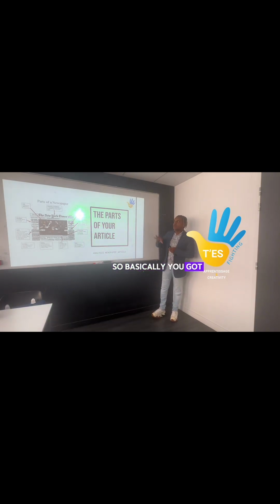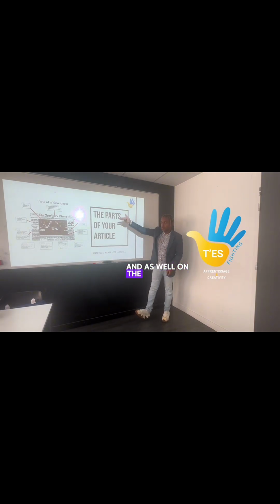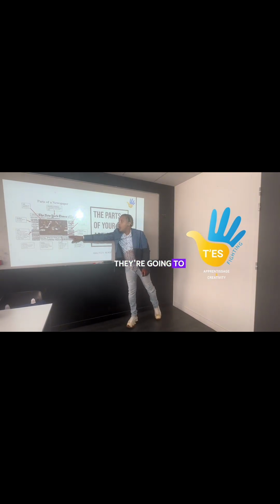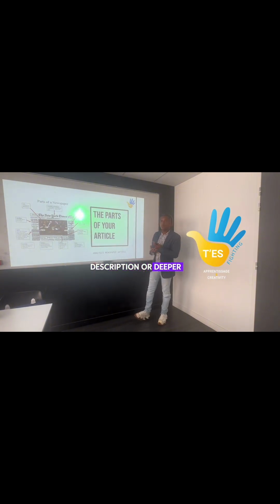You have the pictures, the title, who's going to write the article, and the introduction. In newspapers they also put a legend for the pictures, maybe with some description or deeper definition of the words. And finally, they tell you to go to the next part to get the full article.